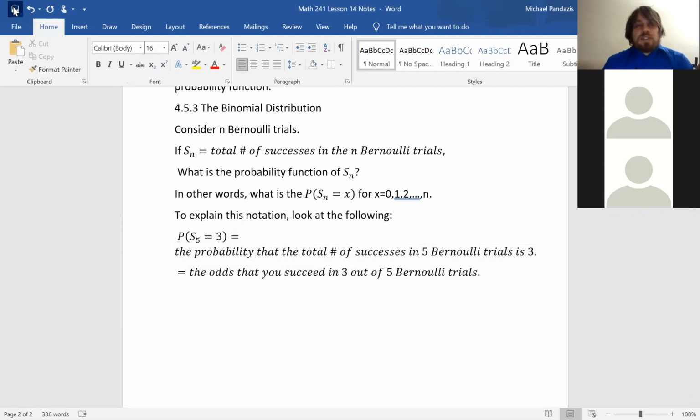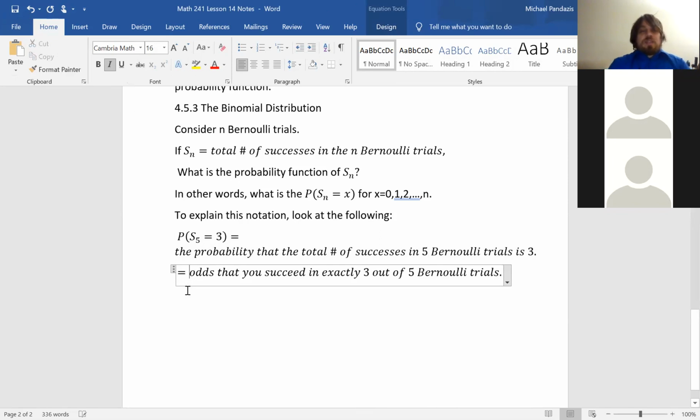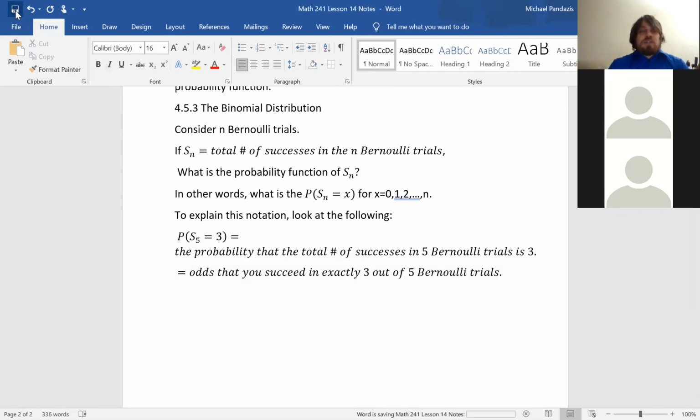So P of S sub 5 equals 3 is telling you the odds that you succeed in exactly 3 out of 5 Bernoulli trials.